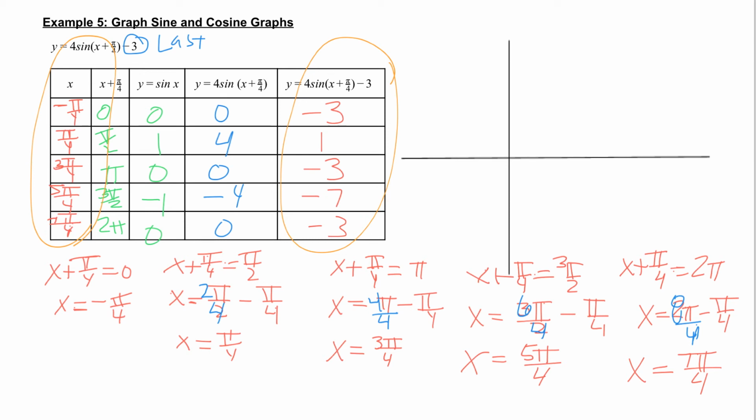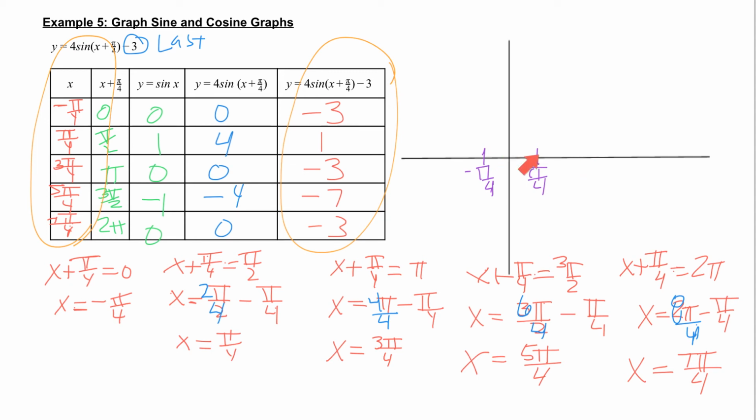So if we label our axes first, we have negative pi over 4. We have 0. We have pi over 4. Now remember, we're going up by pi over 4. So we can't just go straight to 3 pi over 4 because then the scale's not even.